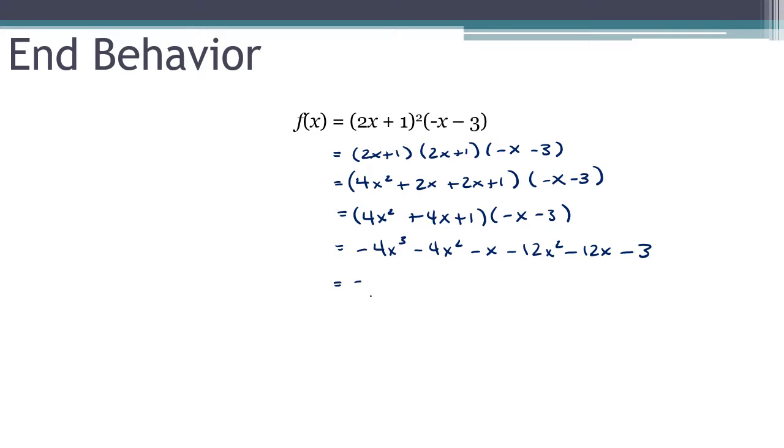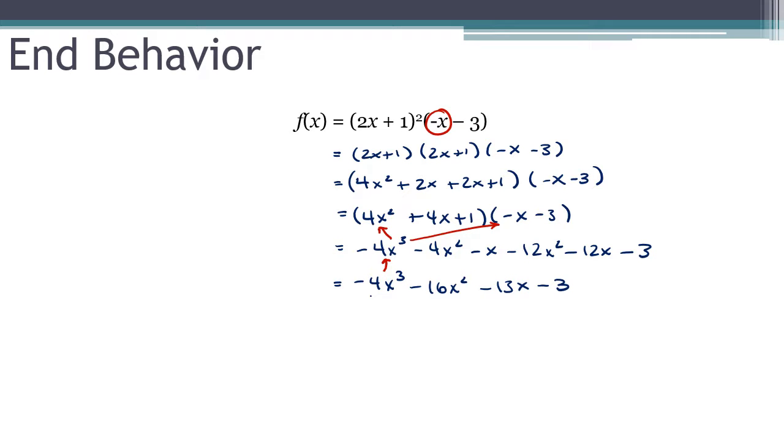And we combine our like terms: minus 4x cubed minus 16x squared minus 13x minus 3. Now let's back this up. Let's follow the trail backwards again. Right? This minus 4x cubed was there, and then it came from here and here. All right, notice that minus x was the leading coefficient, the first term in that factor.